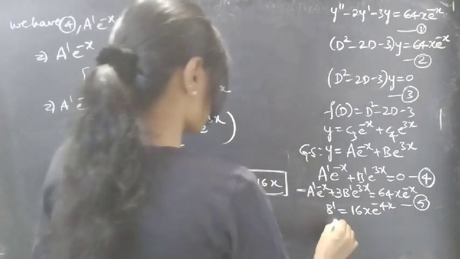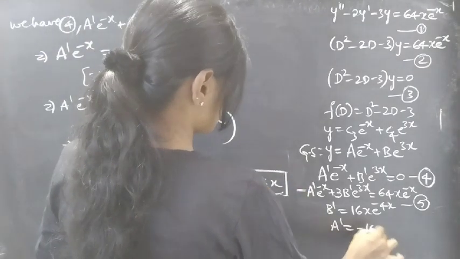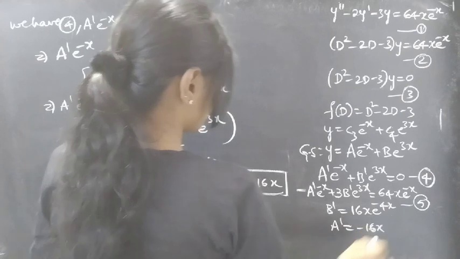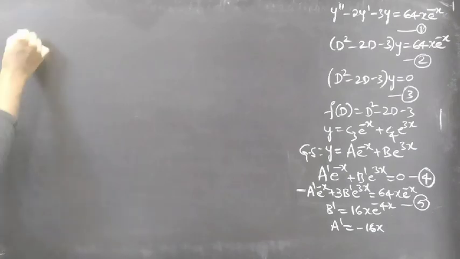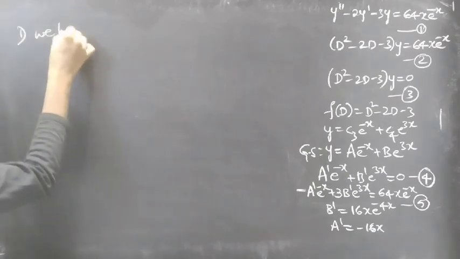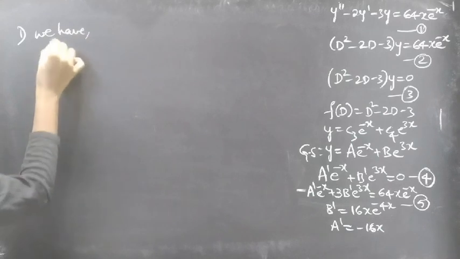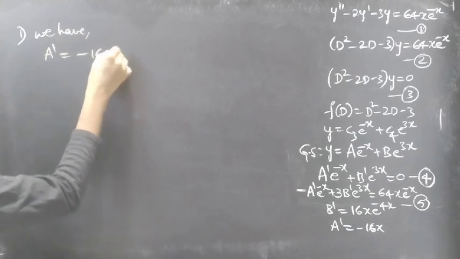So we got a dash and b dash. Now let's find a and b. We'll find a using a dash and b using b dash. We have a dash equal to minus 16x.